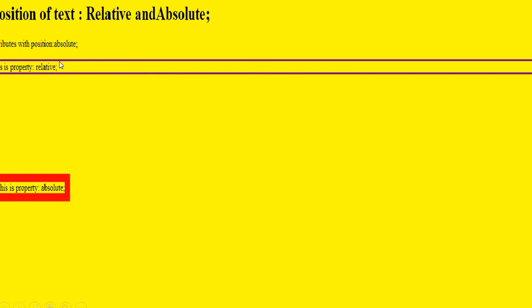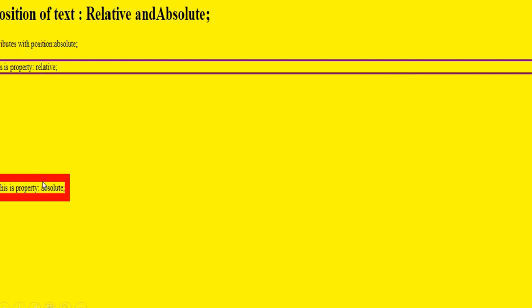When we apply the relative property, this is the output: relative to that position, the whole border will appear. Whenever we apply the absolute property, it is going to display the border up to the text only.